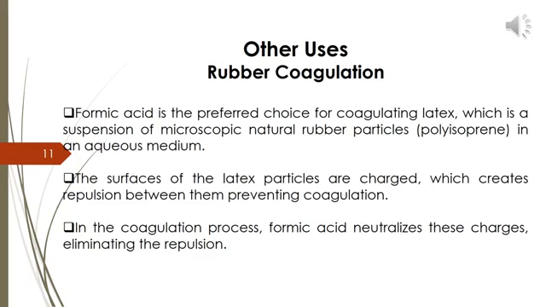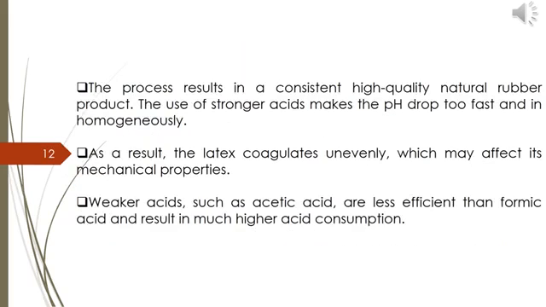So in a coagulation process, formic acid is helpful because it neutralizes these charges, and this eliminates the repulsion between them, and the coagulation will then be easily done. The process results in a consistent, high-quality natural rubber product.